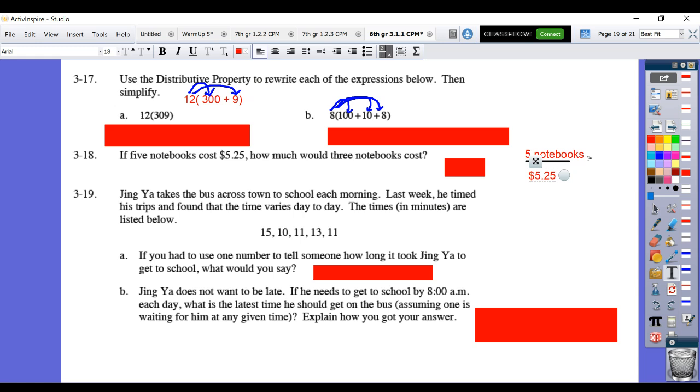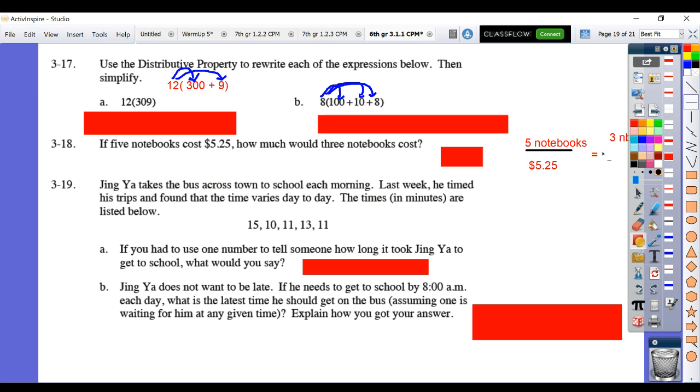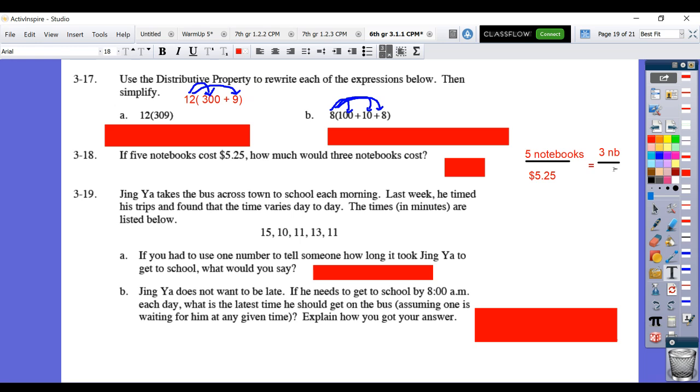And we want to know how much 3 notebooks would be. So notebooks across from notebooks. And I'm just going to write NB there for notebooks. And we want to know that cost. So you could set it up for cross products. Move this over a little bit here. And that would be a good way to do it.